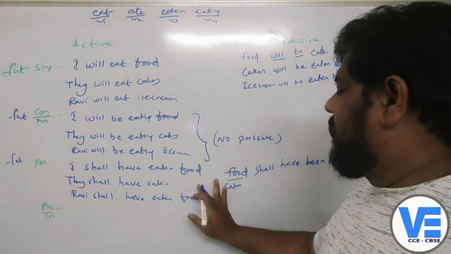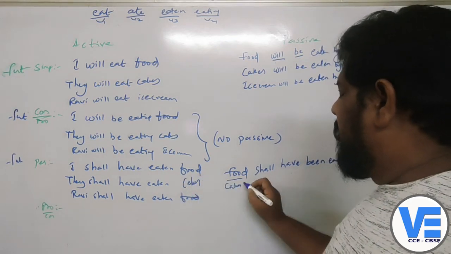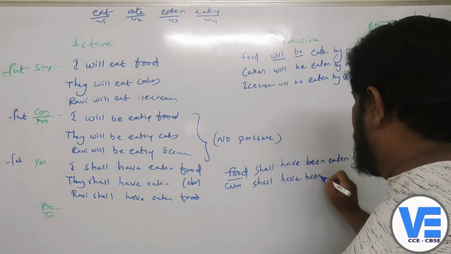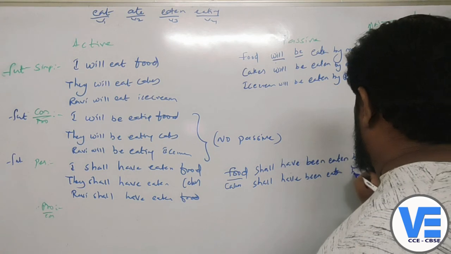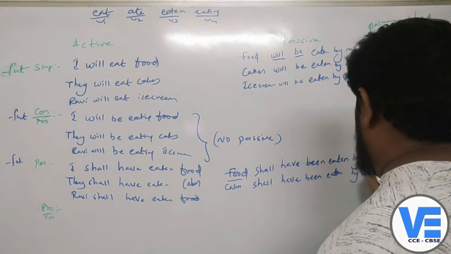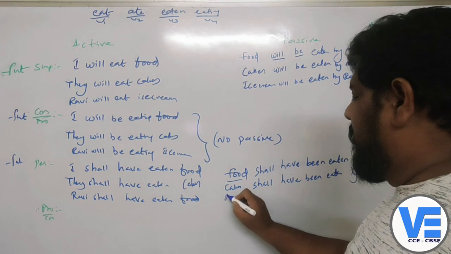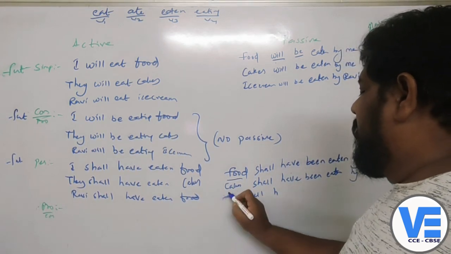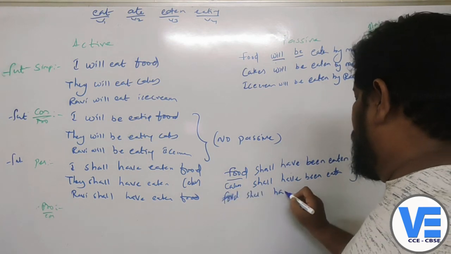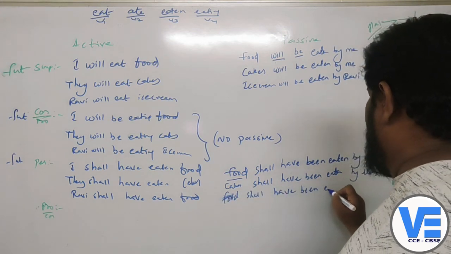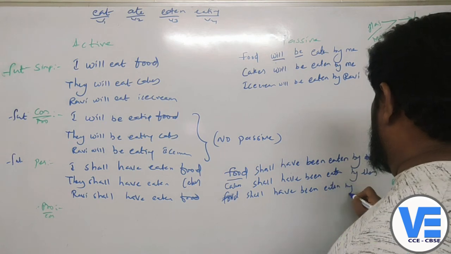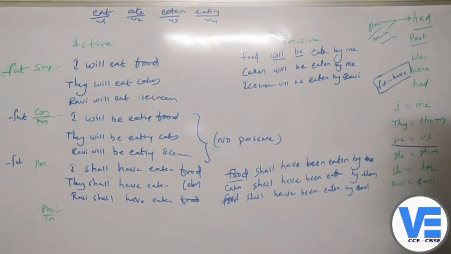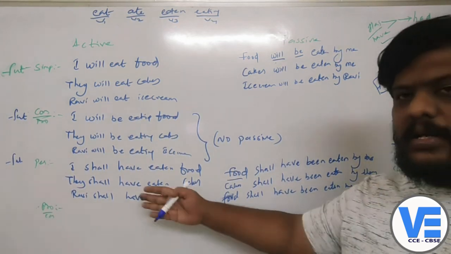I'll take cakes here. Cakes shall have been eaten by them. Next is Ravi shall, food shall have been eaten by Ravi. So this is how you will write the passive voice of the future perfect.